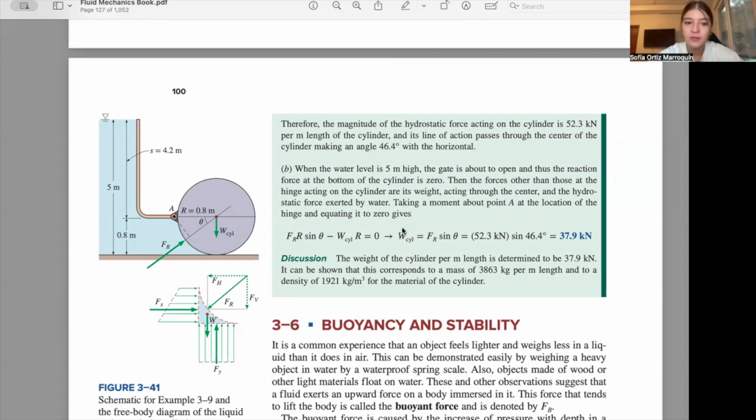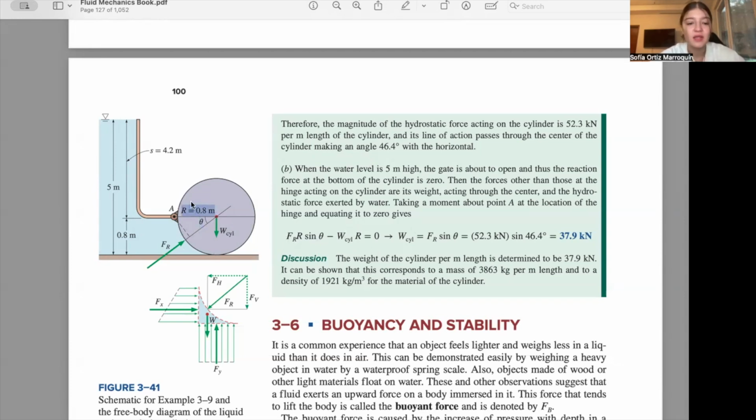Now for part B of the problem, we need to find the cylinder's weight, and we know that the gate is just about to open, which means that the cylinder will be in equilibrium, and the only forces acting are Fr and the weight. With this, we can make a sum of moments, which is Fr times the radius times the sine of theta, minus the weight, since it's going down, times r.